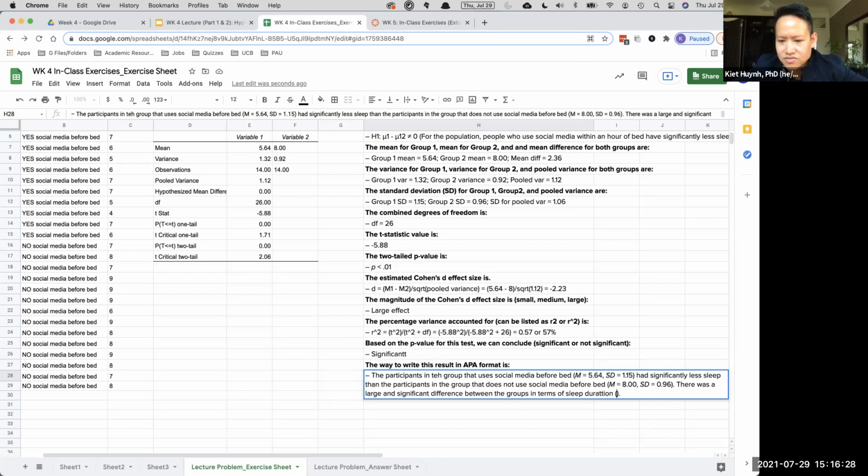All right. So what we do here is put the t value, put the degrees of freedom, which is equal to 26. T equals negative 5.88. And you put the p value, p is less than 0.01.